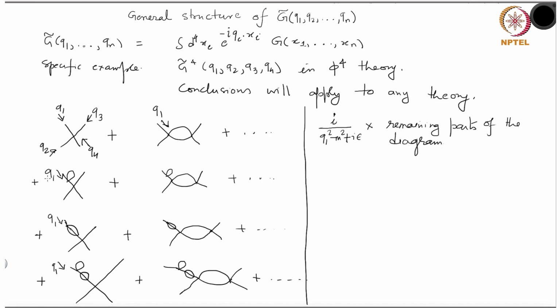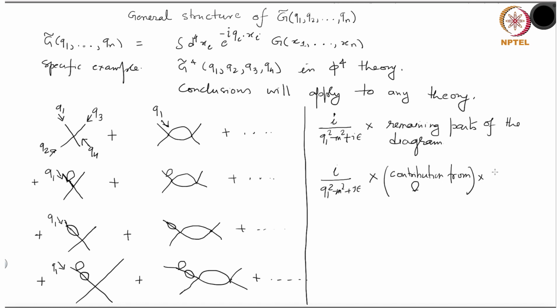Okay, when you come to the next diagram, it will have the form i over q1 square minus m square plus i epsilon times, that's the propagator here, this propagator. Okay, then you have this bubble, and for the bubble you should write down the contribution. So the contribution from the bubble, and times, you remember you'll have momentum conservation at each vertex, so the momentum that flows in this propagator is also q1.